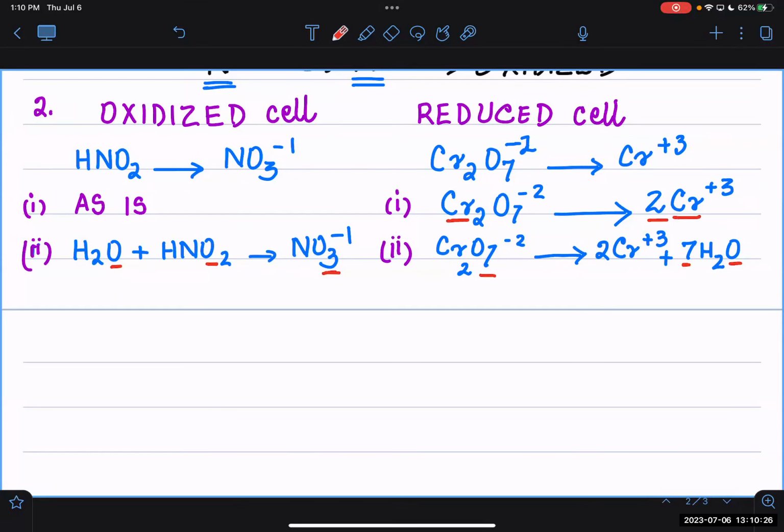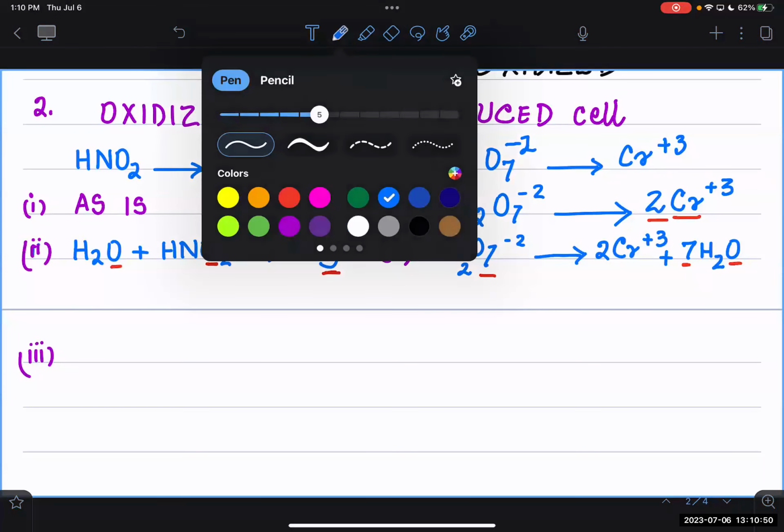Okay, next. What is the next step? Now we are going to balance the hydrogens. So in the top case, how many hydrogens are there? On the top one, 3 hydrogens. So here you have to put 3 hydrogens.